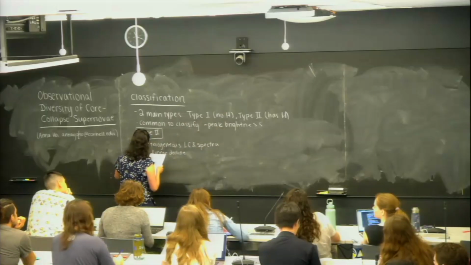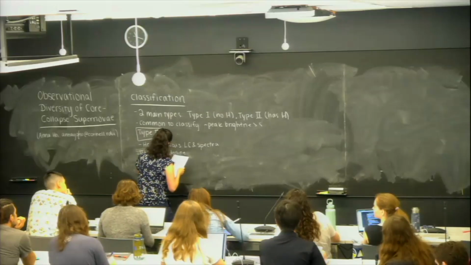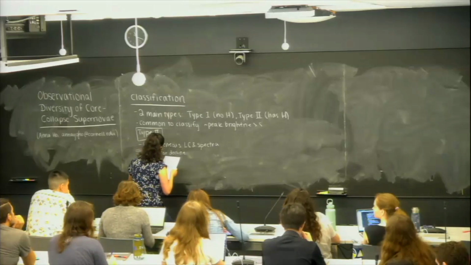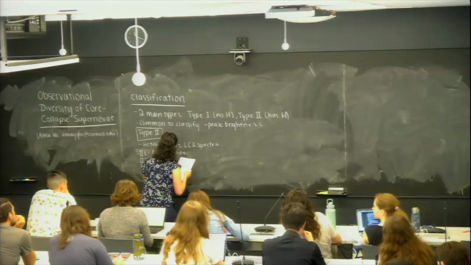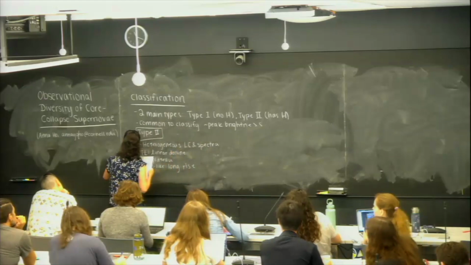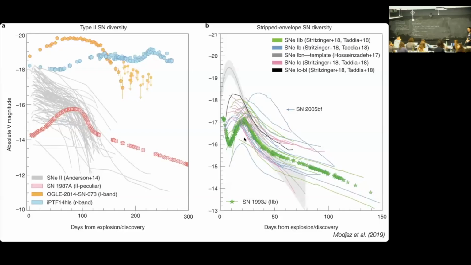That's the 2 Ls, the 2 Ps, so 2 Ls, 2 Ps, and 1987A like, meaning they're similar to this famous supernova called 1987A. Those classifications are basically describing the shape of the optical light curve.